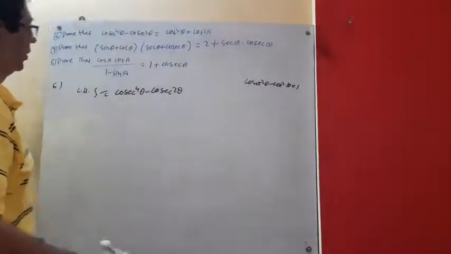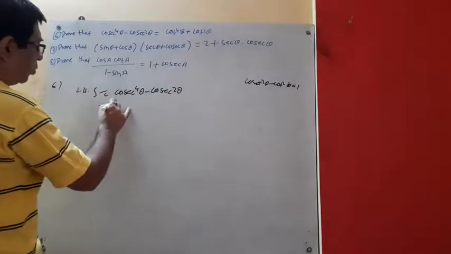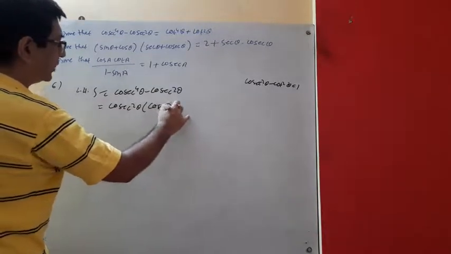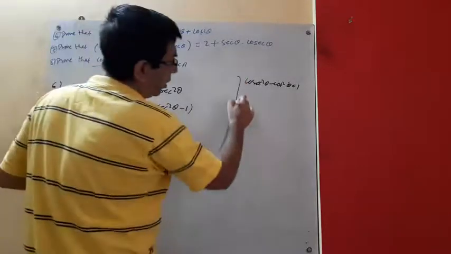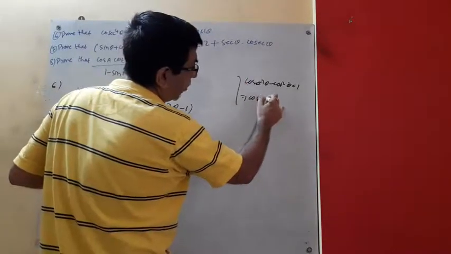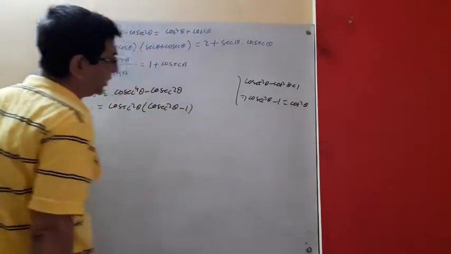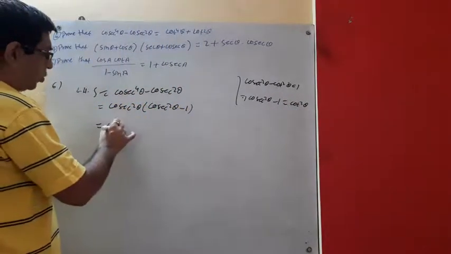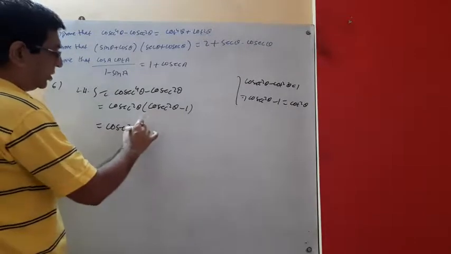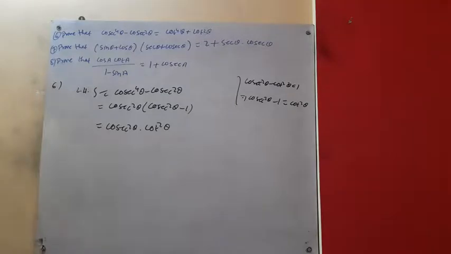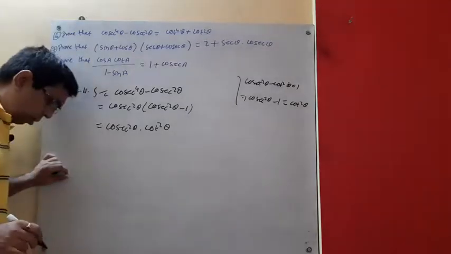So what we can do here is take common cosec square theta. What are we getting? cosec square theta minus 1. Look, from here we see cosec square theta minus 1 equal to cot square theta, isn't it? So we are getting cosec square theta times cot square theta, right?